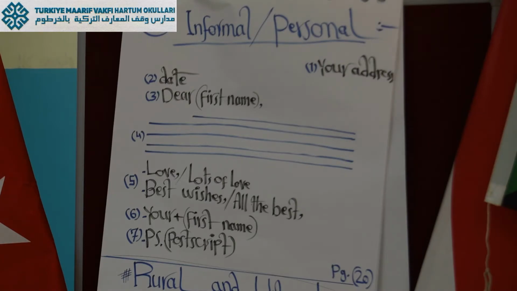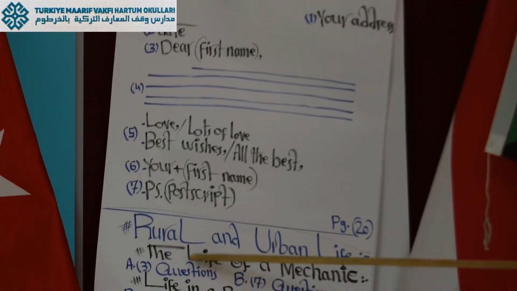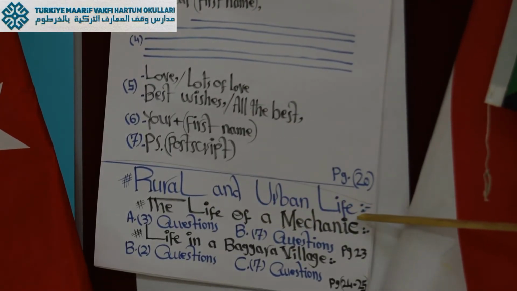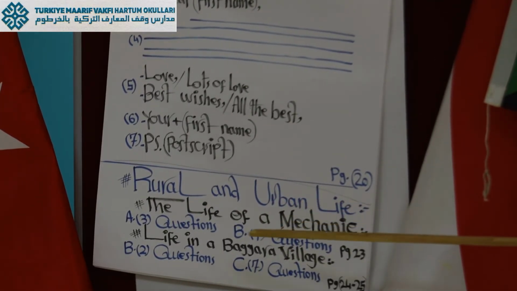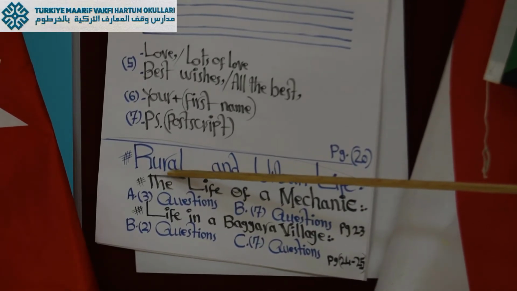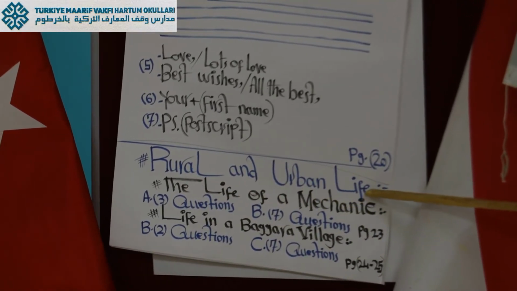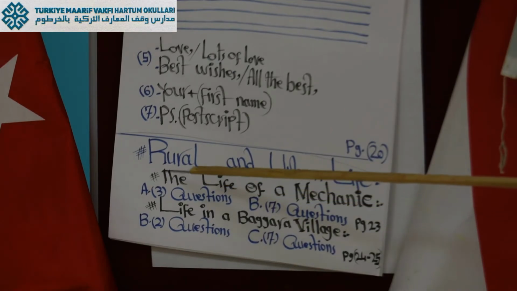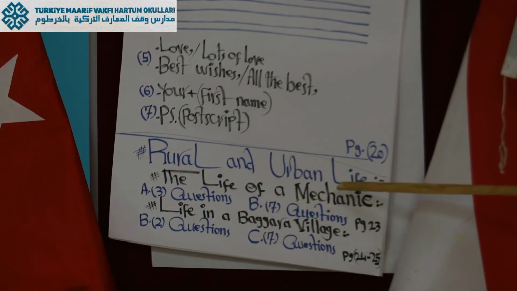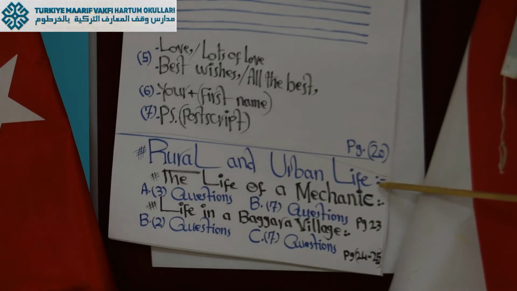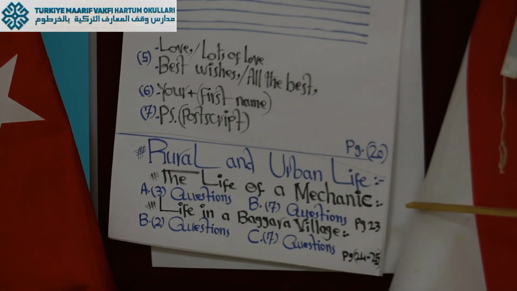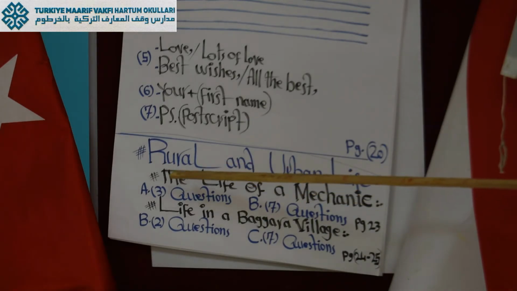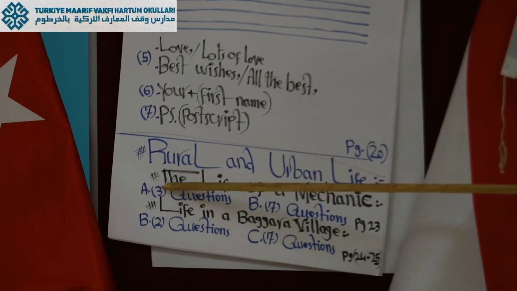To conclude, we will go to the last part in our lesson, which we will call rural and urban life. Rural and urban life is a very interesting topic or passage in our Spine book, Spine 5. And here are just 2 topics.